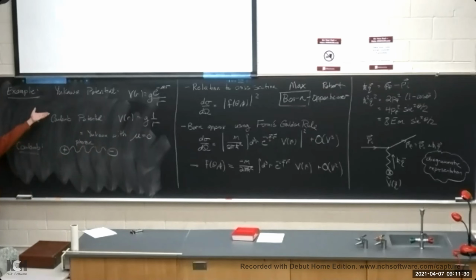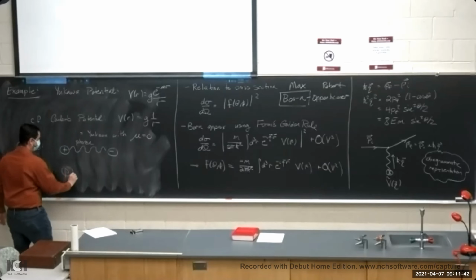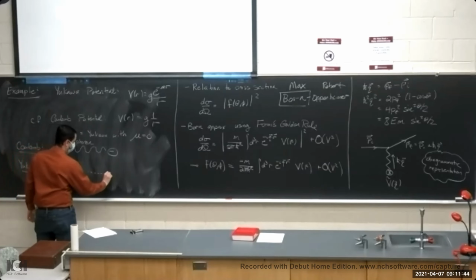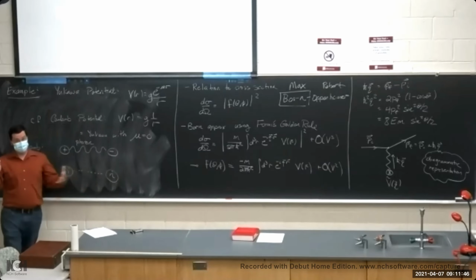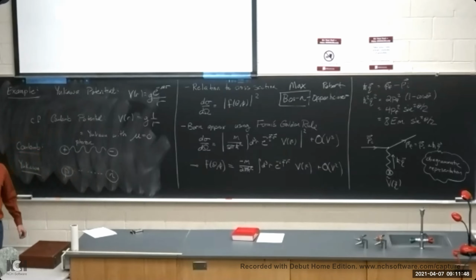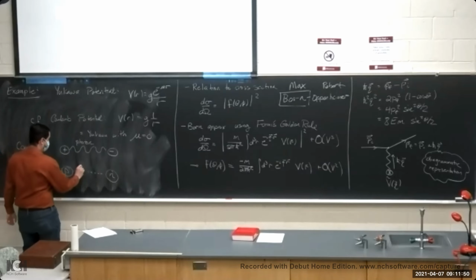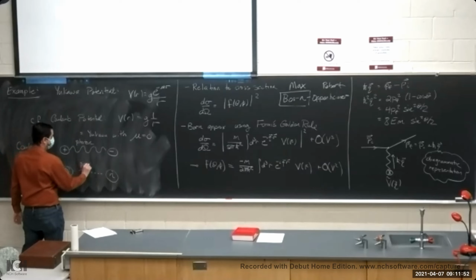In contrast, the Yukawa potential describes an effective interaction in nuclear physics. It's a pretty general form of a potential, but to give you some physical example to wrap your head around, this describes the effective attraction between, let's say, a proton and a neutron that are being held together to bind into a nucleus. This is mediated by the exchange of a pion.